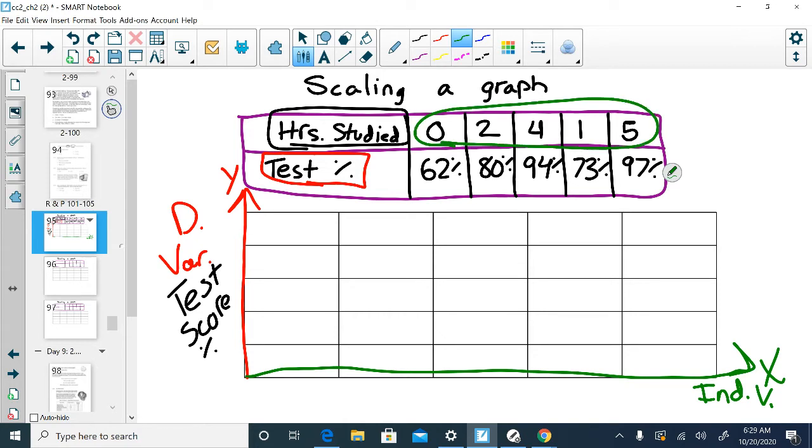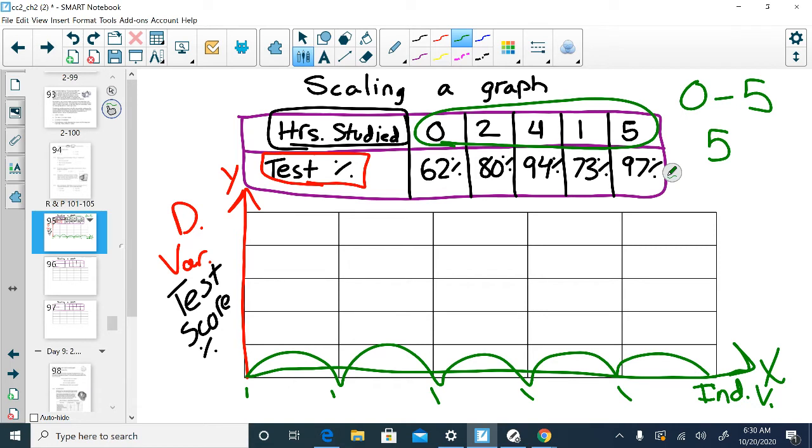In this case, it's from 0 to 5. So 5 minus 0 gives us 5 for our range. And then how many spaces do we have here? Well, we have 1, 2, 3, 4, 5, 6, but really we'd be making 5 jumps.